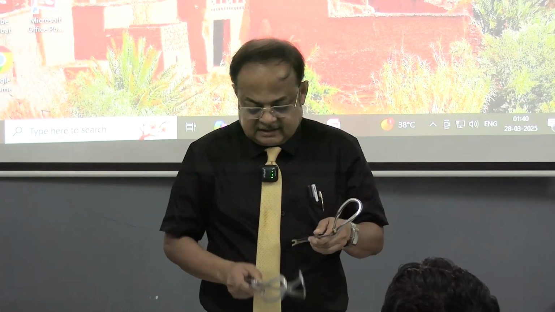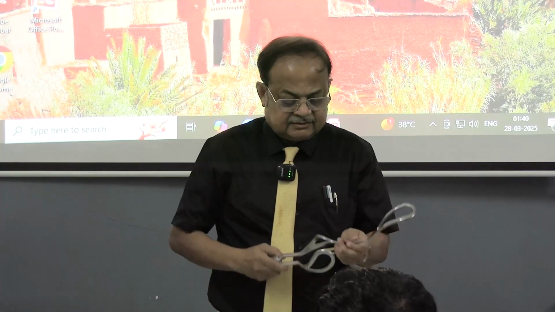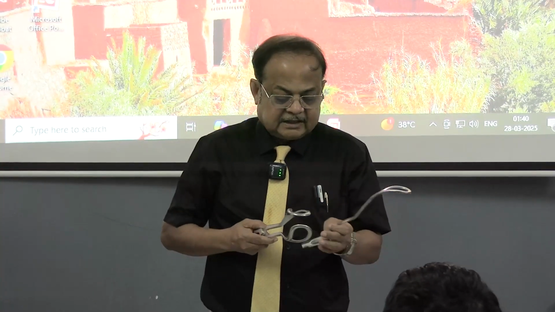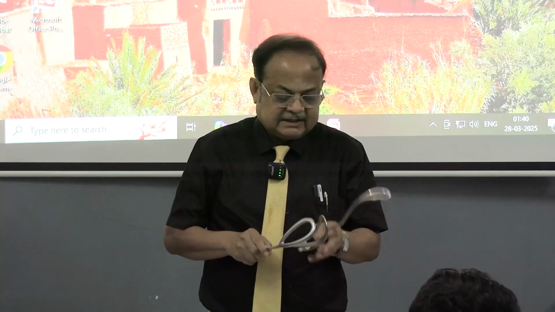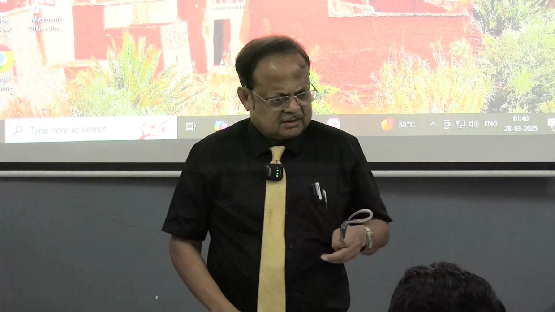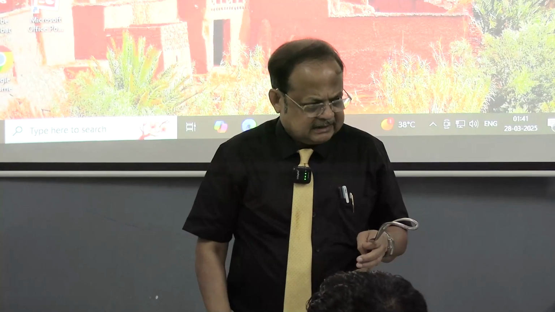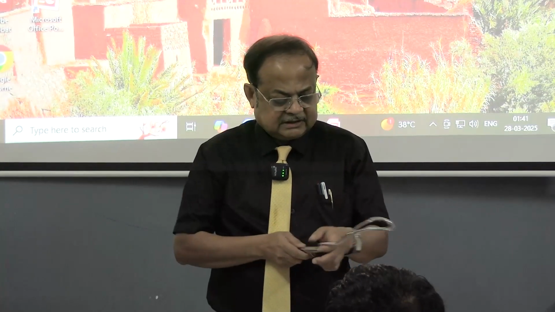But in the outlet forceps, the shank is shorter. The sacral curvature is relatively less, and it is a small forceps, the handle is small, and it is not provided with the screw. So this is the handle, and this is the length.